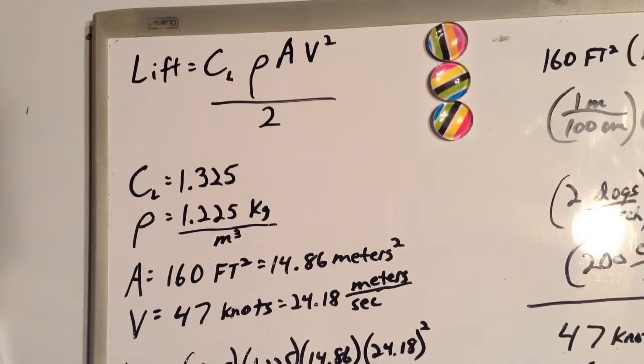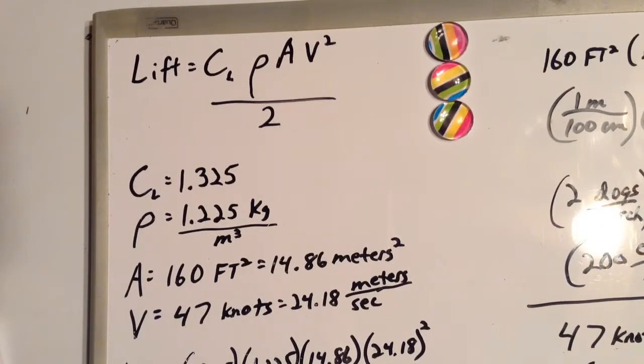1 knot is 1 nautical mile per hour. A nautical mile is approximately 1.15 statute miles. A statute mile is 5,280 feet. So when your speedometer on your car says 55 miles per hour, that's 55 statute miles per hour, those 5,280 foot miles. A more accurate description is 1 nautical mile approximately equals 6,076 feet.